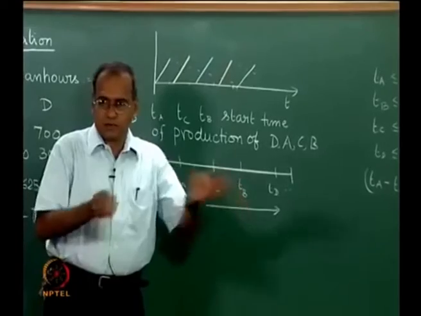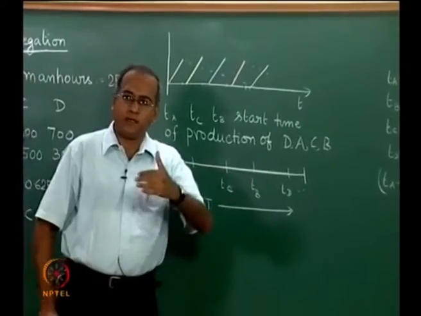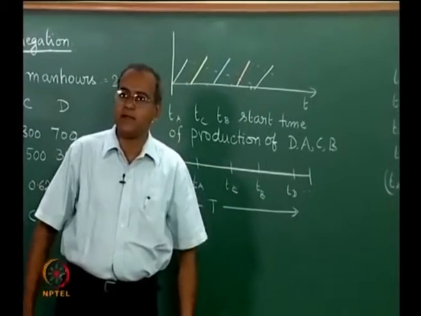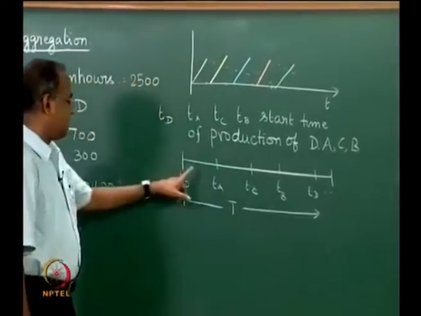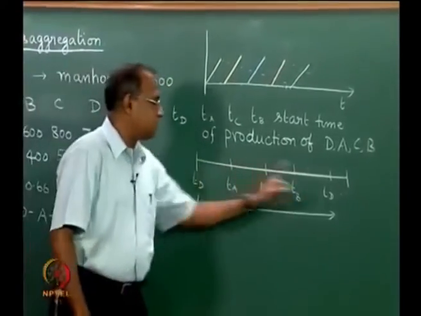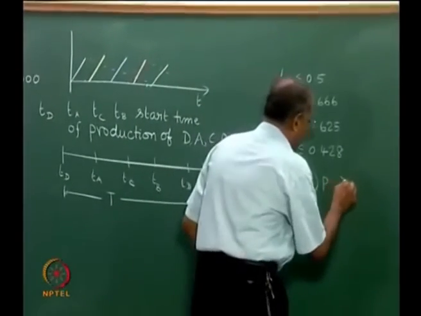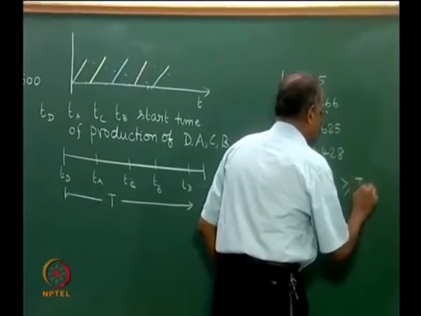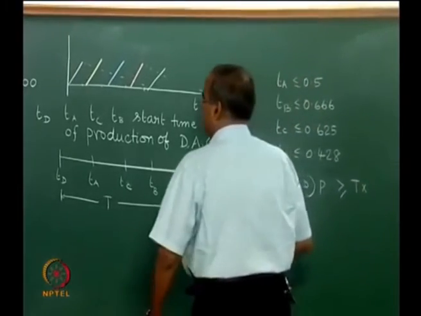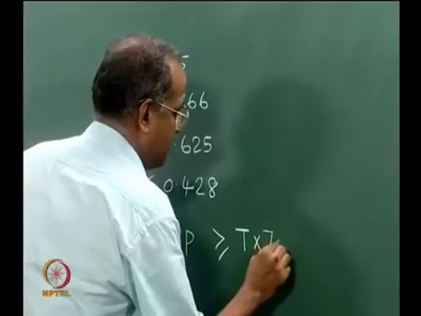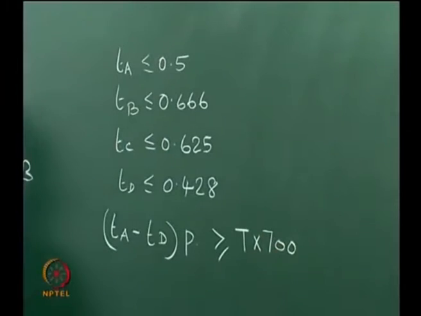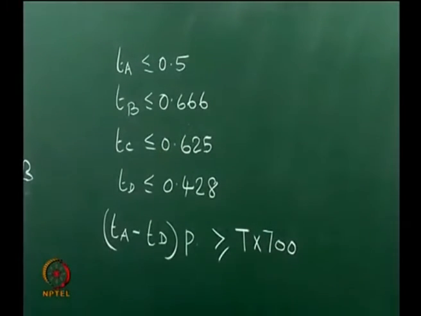So, that production should be able to meet the demand of the item D for the full cycle T. So, this should be greater than or equal to T into 700, should be greater than or equal to 700 T.